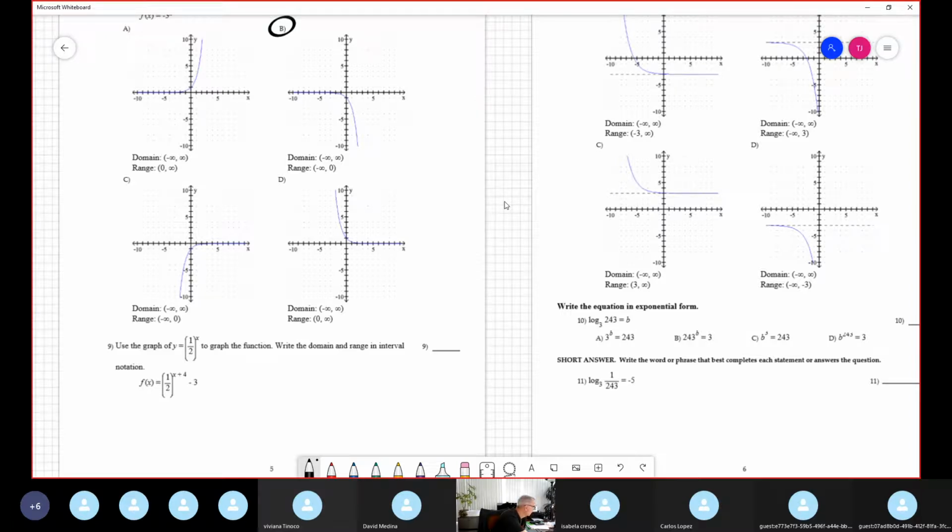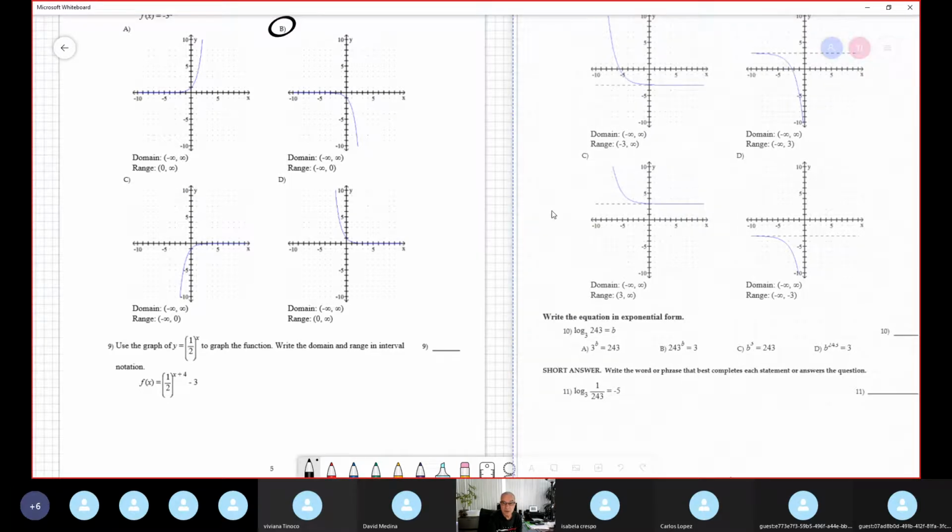Also, the famous horizontal asymptote is not at 0, because we have the -3, which indicates a vertical shift of 3 units down.